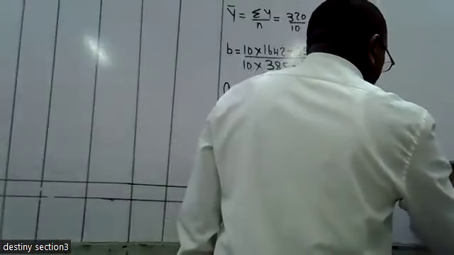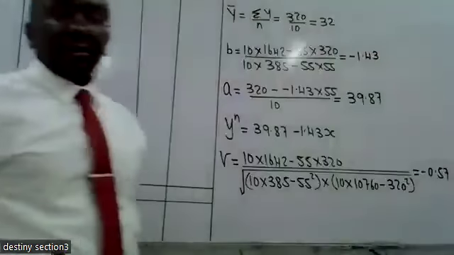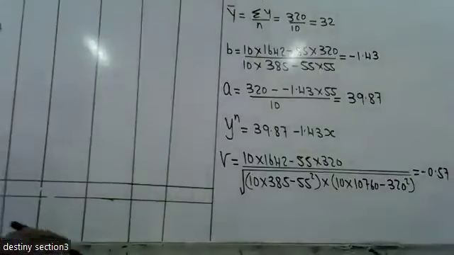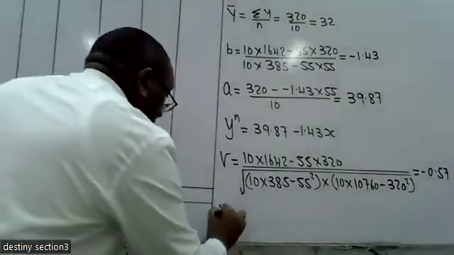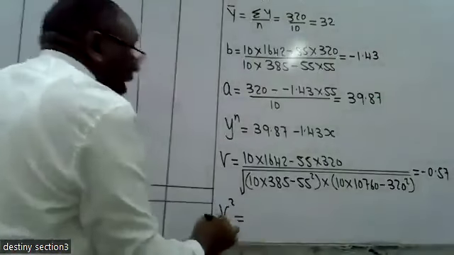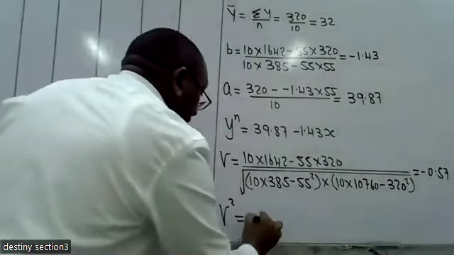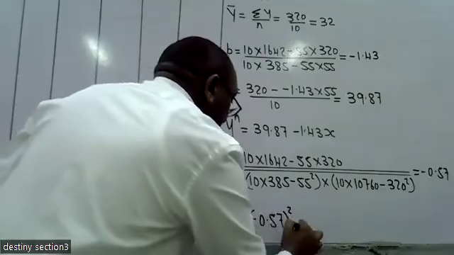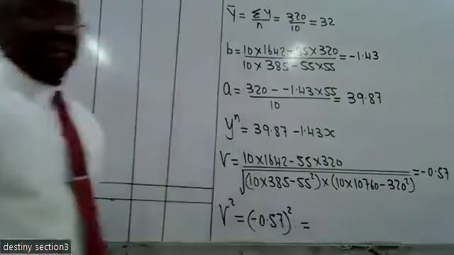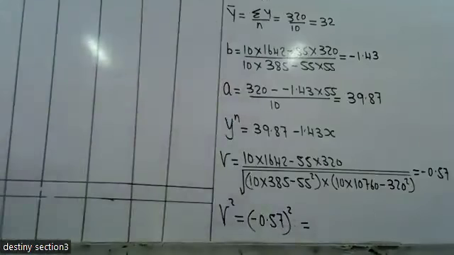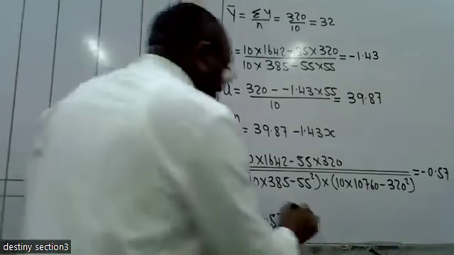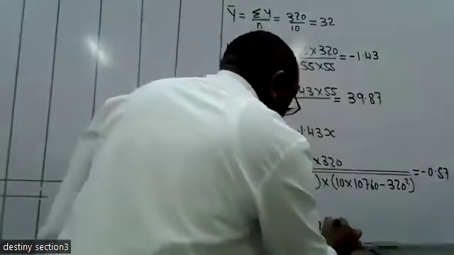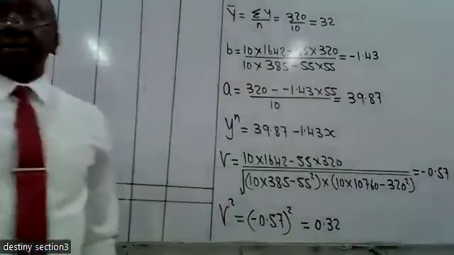Negative 0.57. So my coefficient of determination, R square, will be this value squared. Some people choose to multiply by 100, others leave it that way. So if you square it, it will be 0.32.